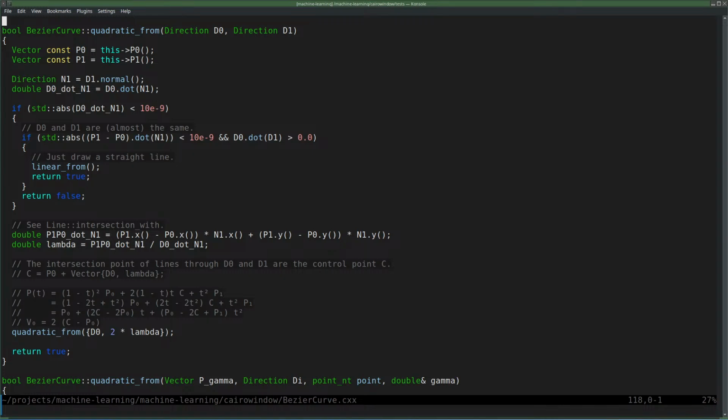So we have 2 points, P0 and P1, and then the direction of the tangent in P0 and P1 respectively. So first you calculate the normal of D1. I'm going to make a drawing on paper. Let's say it is pointing the wrong way.